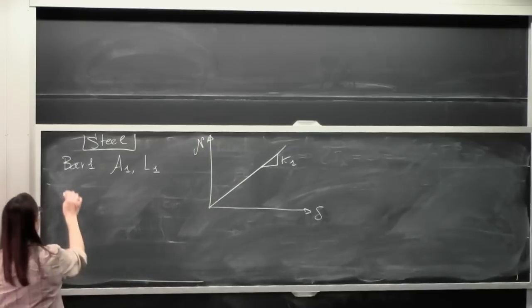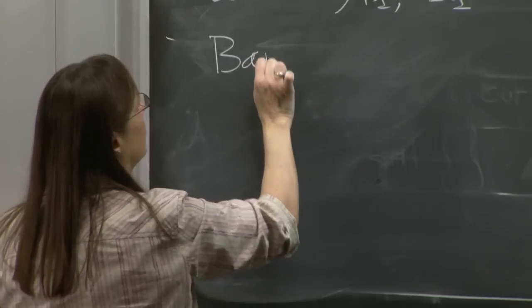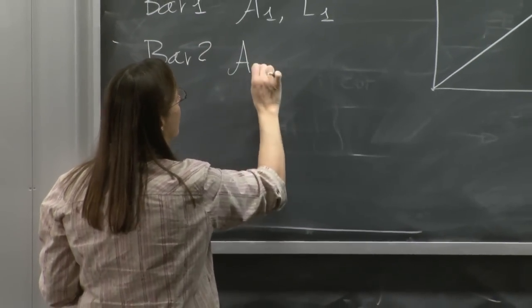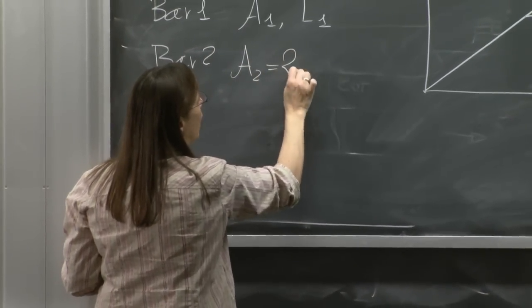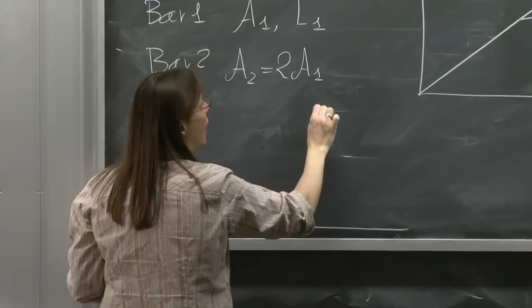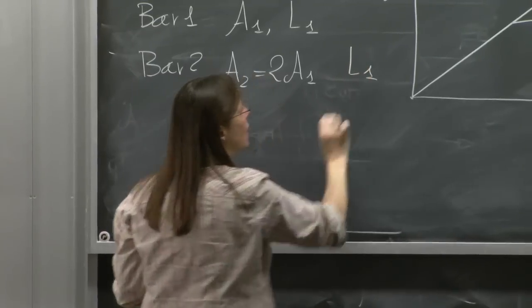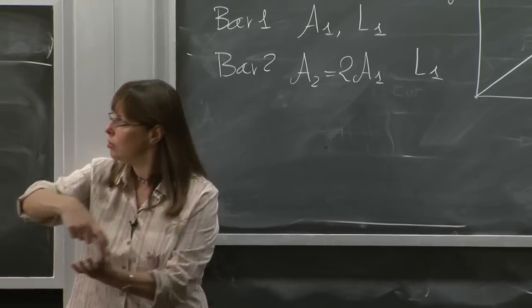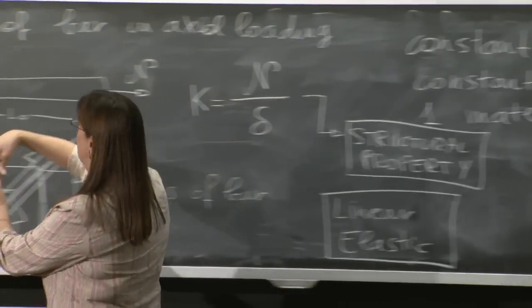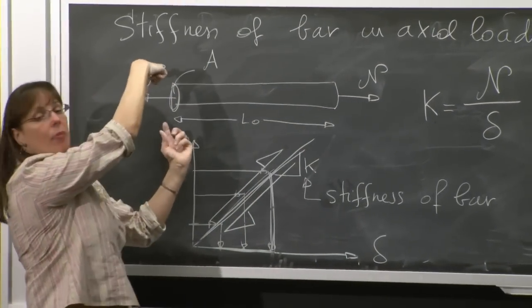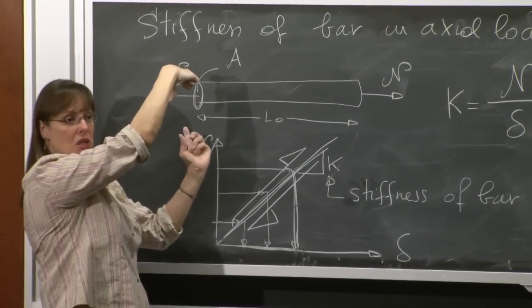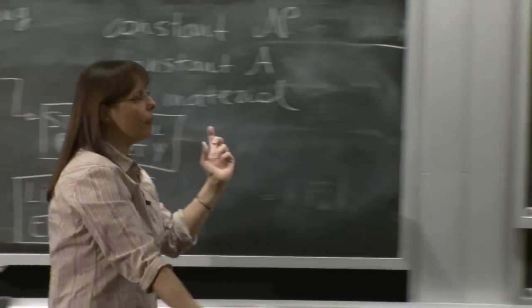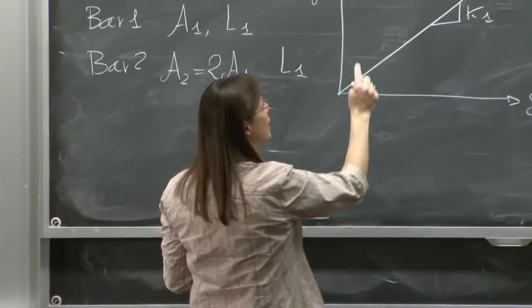Now I take another bar, bar 2, and bar 2 is going to have an area A2, which is 2 times A1, and it's going to have the same length as the original length. So I'm taking a bar now, which, if this was the first bar, has a bigger cross-section. It's chunkier. What do you think is going to happen if I apply the same force?